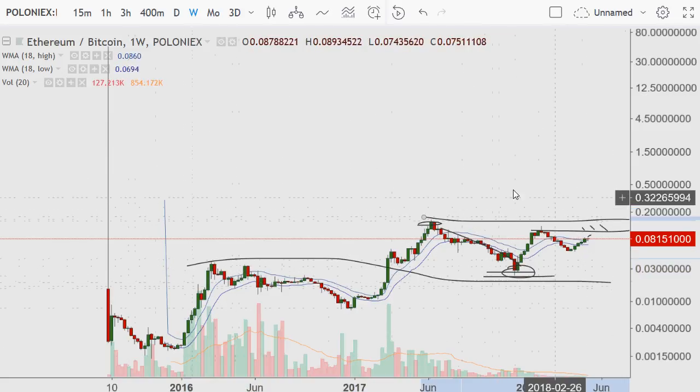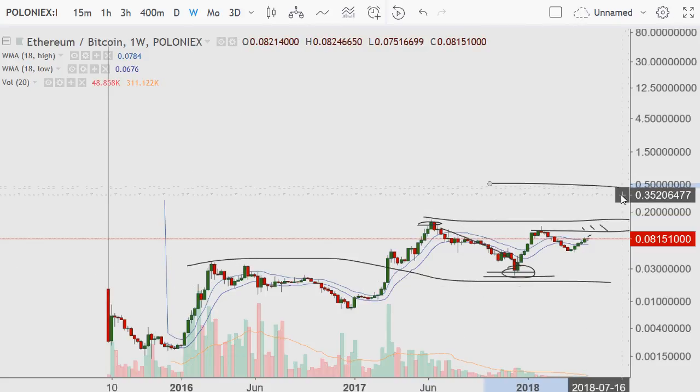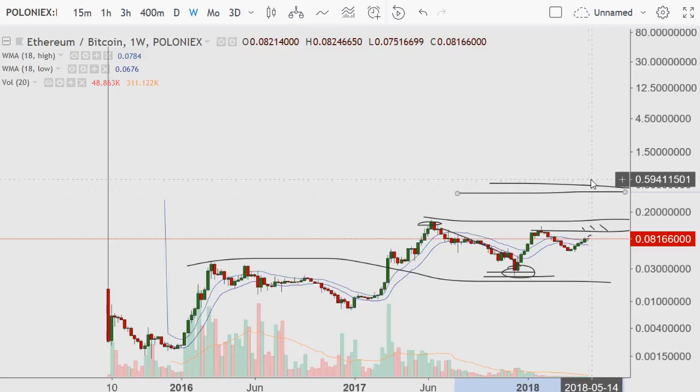If it breaks through this one, and I can test Fibonacci numbers later on, I don't need to at this point, you'd be talking about making another leg higher. I'm putting where I think it goes blindly, as I would call this. It's not really blind, but it's blind in not using any mathematical formulation. So that's what the blindness means. I'm looking at about 0.4-ish to 0.5 for where it could go.